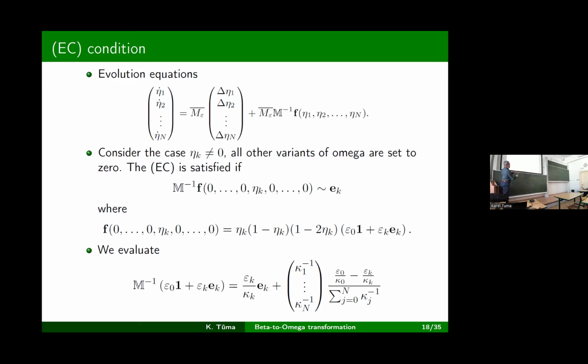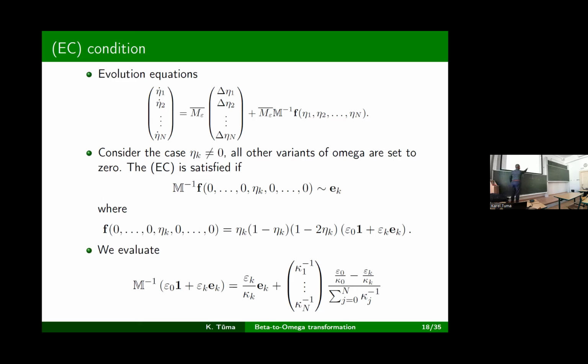So this means that for the component j different from k, we want the right-hand side to be 0. Otherwise, it is not 0.